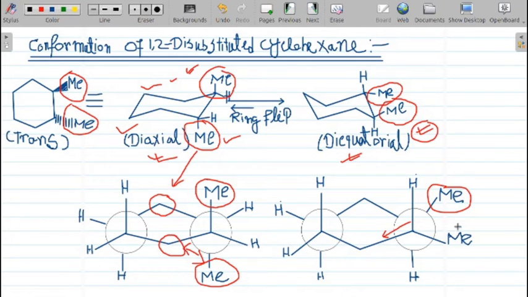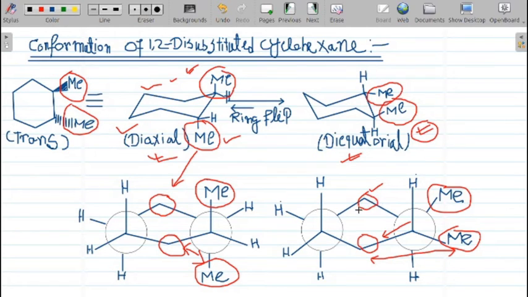and in this case you can see that there will be no interaction between this CH2 group and this CH3 group, because this methyl group is present far away from this CH2 group, and this methyl group is present anti to this CH2 group.